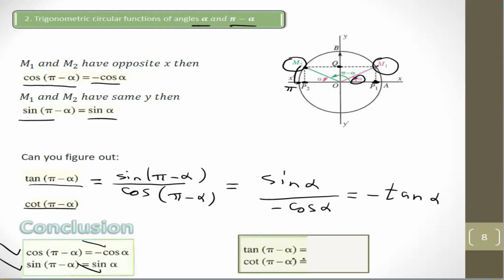Okay, so tangent of pi minus alpha equals minus tangent alpha, and cotangent of pi minus alpha equals minus cotangent alpha. It's the same way.